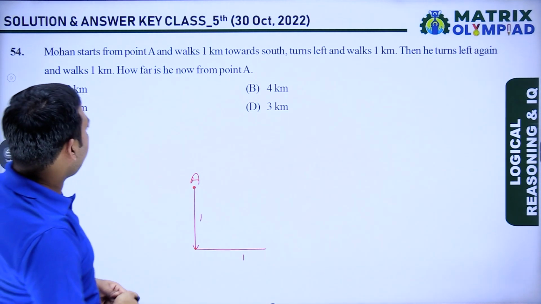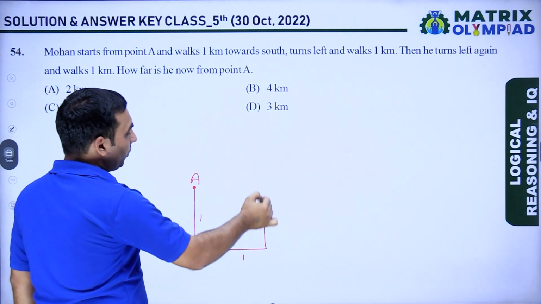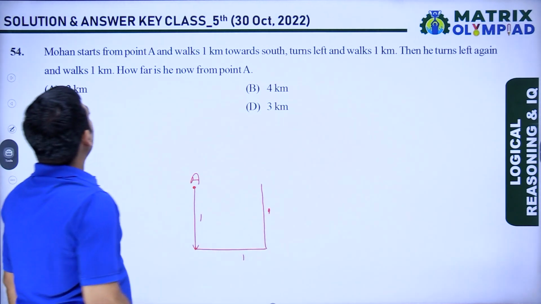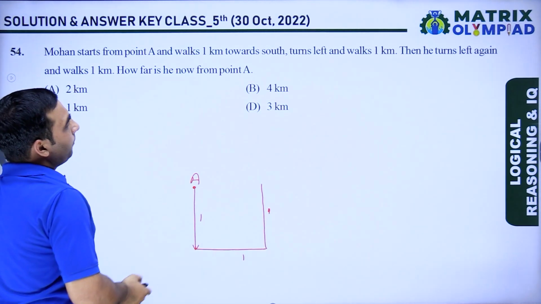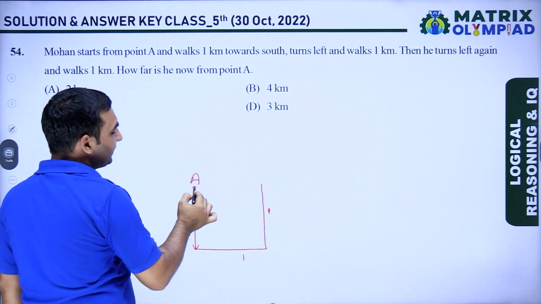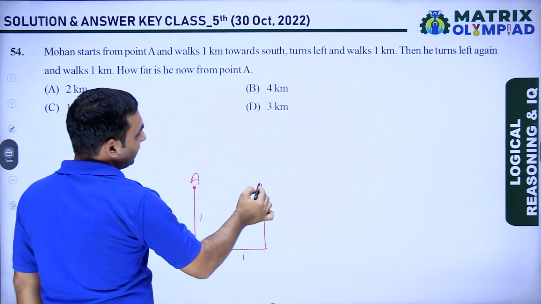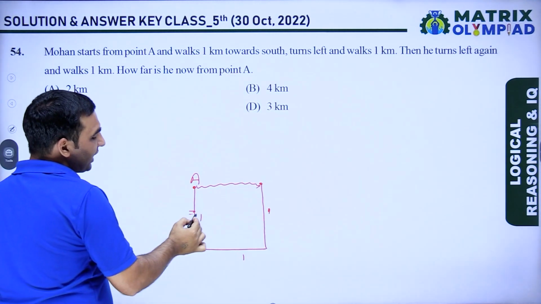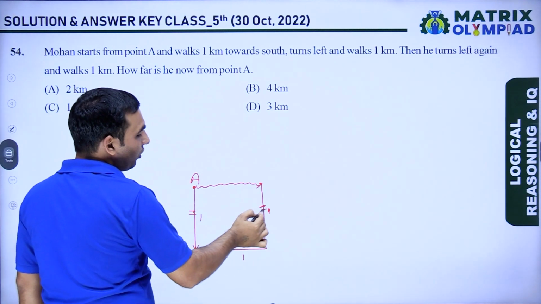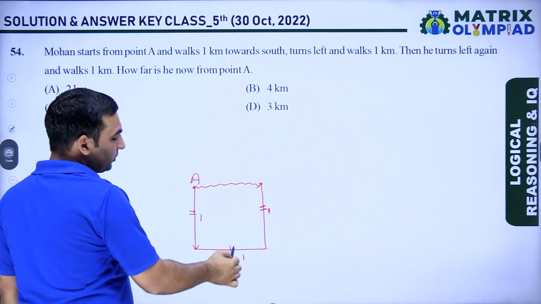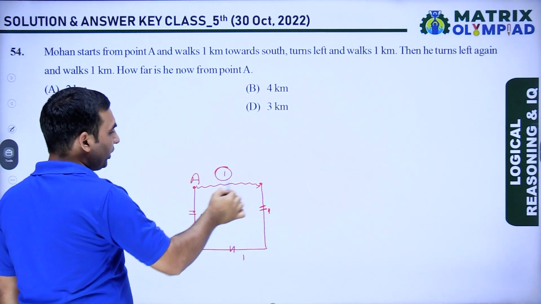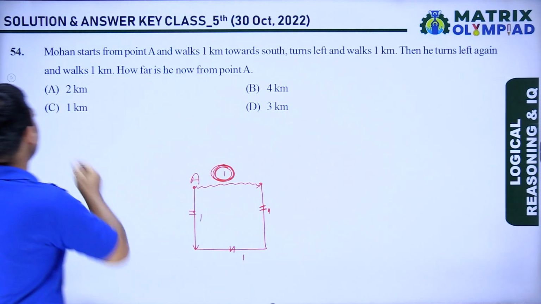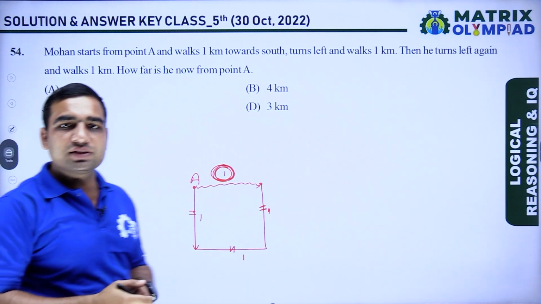Then he turns left again and walks 1 kilometer. How far is he from point A? Point A is there. Next, find this distance. As you see, if this side is 1 kilometer, then this is also 1 kilometer. Our answer is 1 kilometer. Option C is the correct answer.